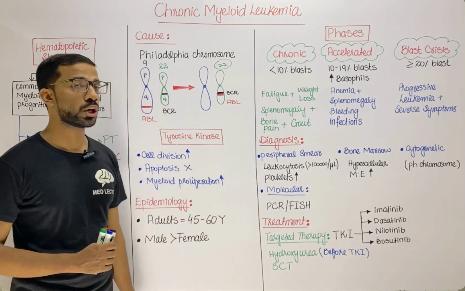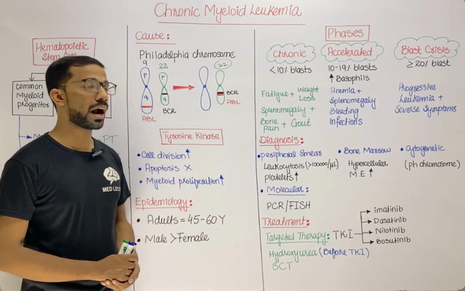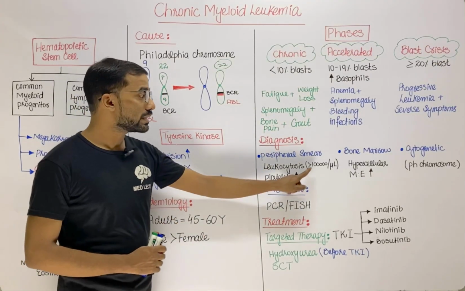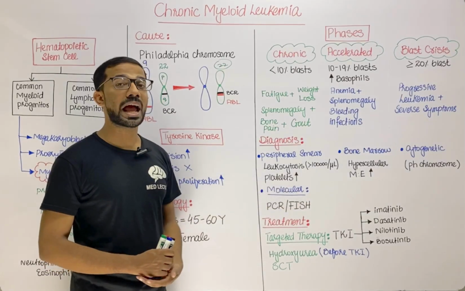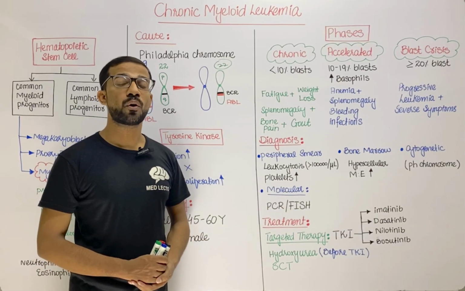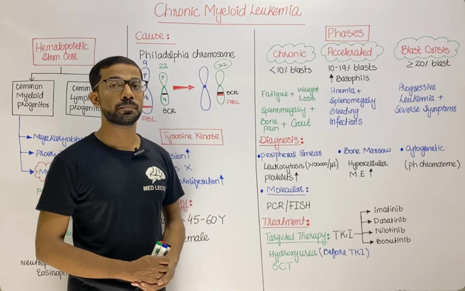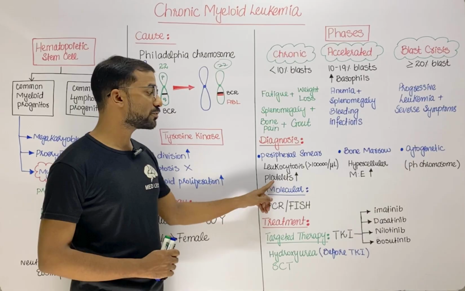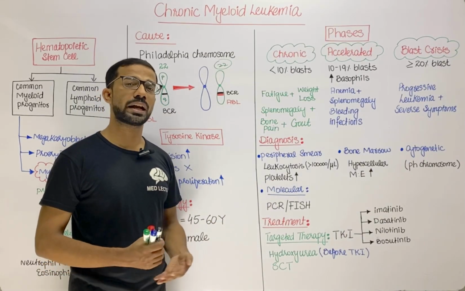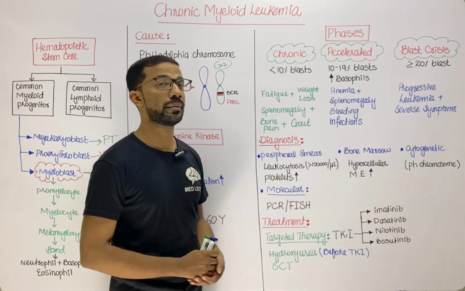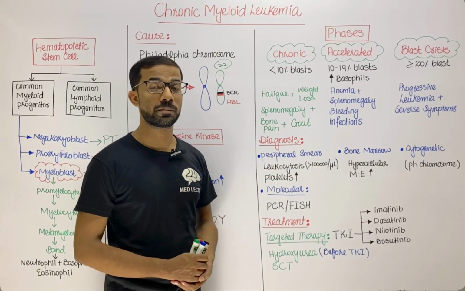In the diagnosis, on the peripheral blood smear you will see leukocytosis, greater than 1 lakh per microliter, but the normal WBC count is 4,000 to 11,000 per microliter. It's very high. Platelets will also be increased, or they can be normal. In the bone marrow, you will see hypercellularity due to the increase in blast cells.